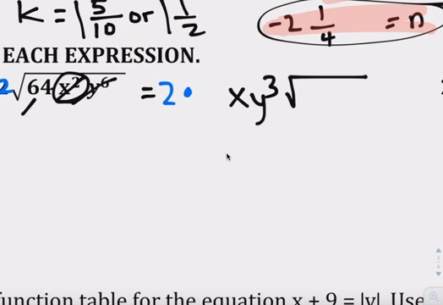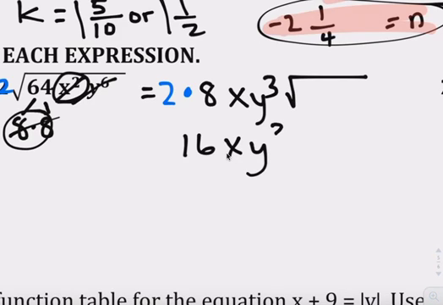The square root of 64 is 8 times 8, so it's just 8, 1 pair of 8. Okay, so your answer is 16xy cubed, and nothing left of the square root. So no square root, gone. Erase it. And that's your answer. That's an easy one, huh?